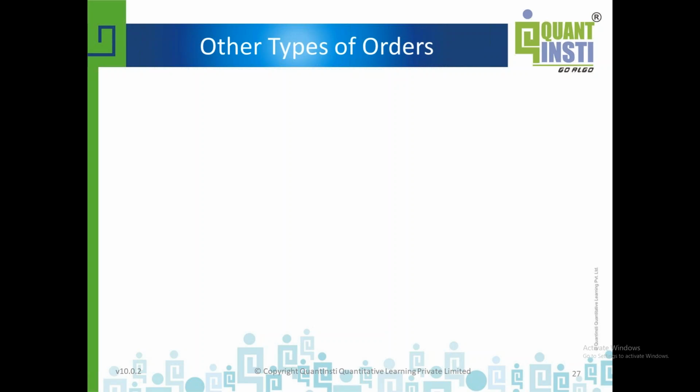So if the prices are falling and you've placed an order to sell, it's quite possible that you miss your price point, right? So it's up to you. It depends upon how much risk you want to take, right?